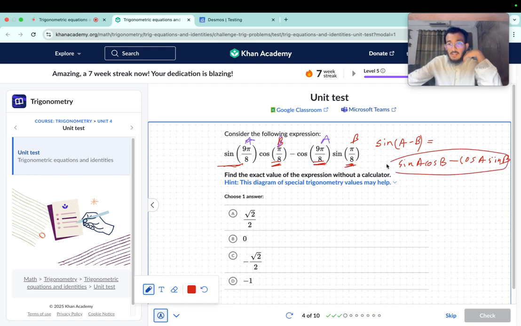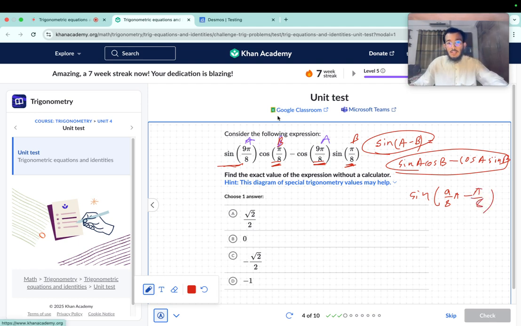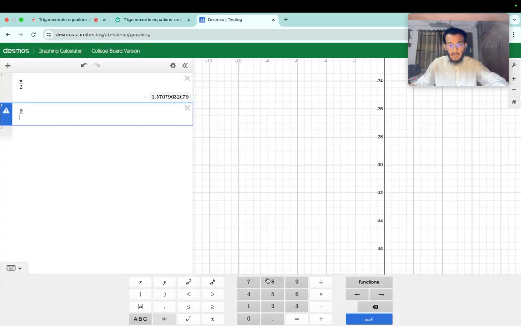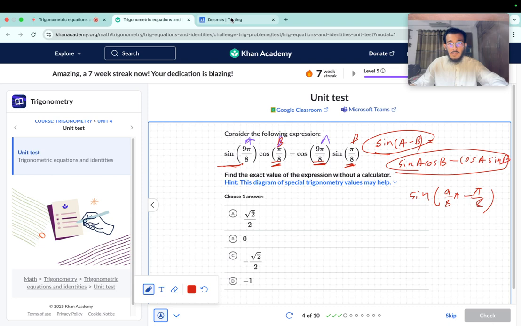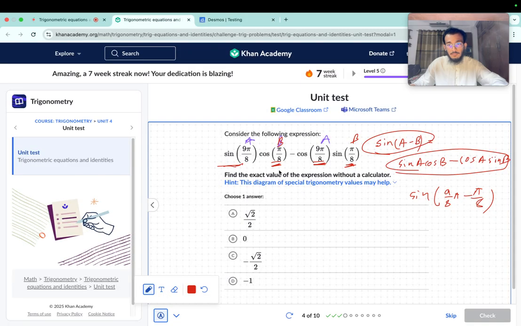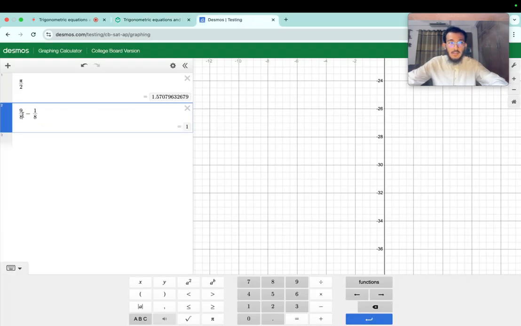And we know that this entire thing can be replaced with this identity, which is sine of A minus B, or 9 by 8 pi minus pi by 8. So we have to calculate 9 by 8 pi minus pi by 8, or 1 by 8 minus 1 by 8... I mean 9 by 8 minus 1 by 8, which is just 1, or just pi.